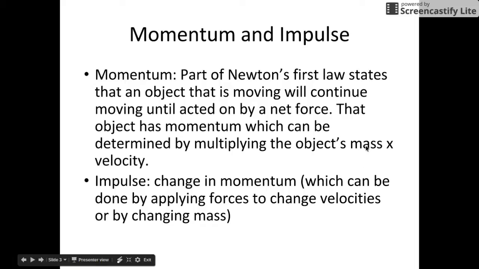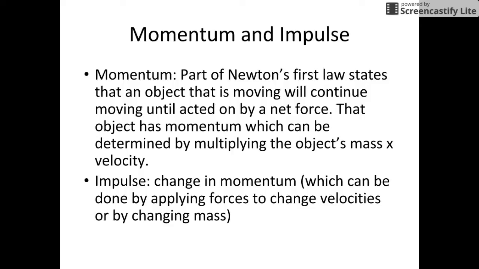If you have something that's really heavy, like a semi, it's going to have more momentum than something really small like a cat. If a semi is moving really fast, it's going to have a lot of momentum versus if it's moving slower. Another way to think of it is how much force would it take to stop that semi?